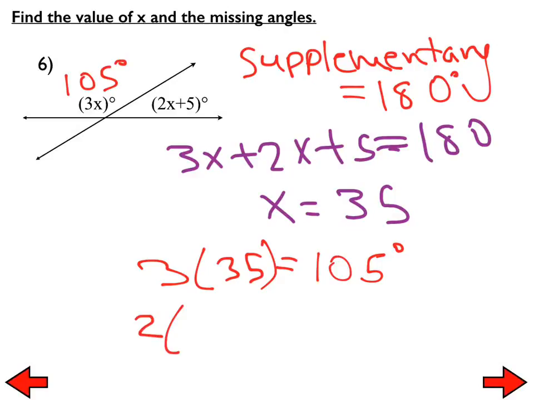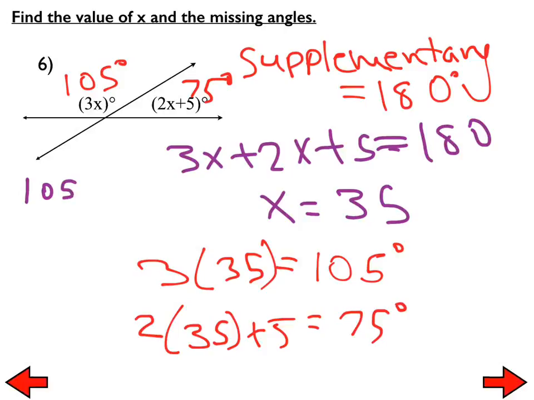So 2 times 35 plus 5 equals what? 75 degrees. Please label it. 75 degrees. And then we need to check our answer.